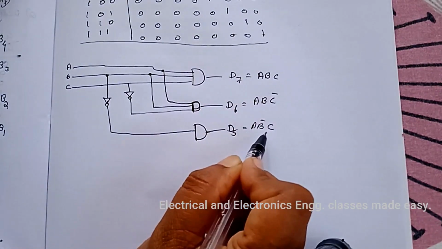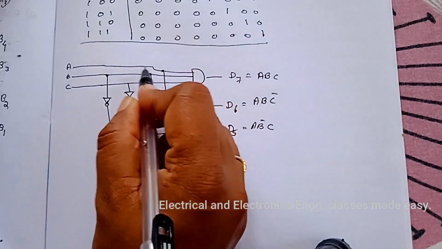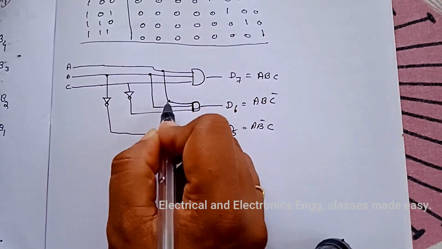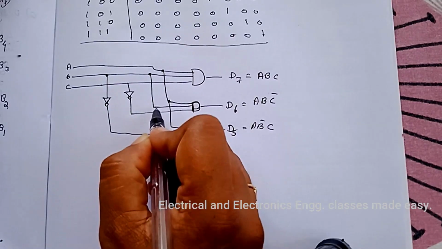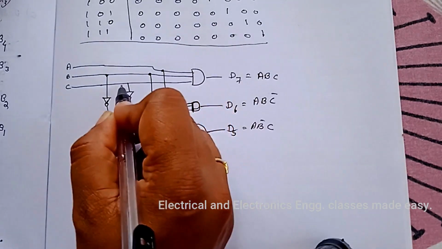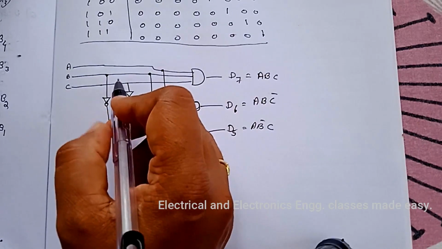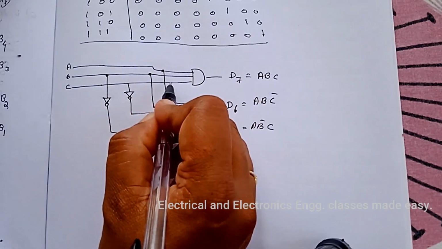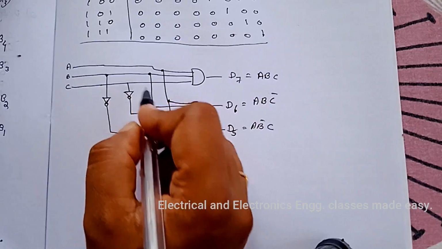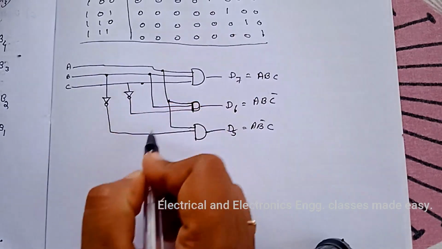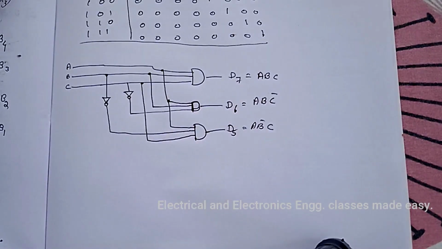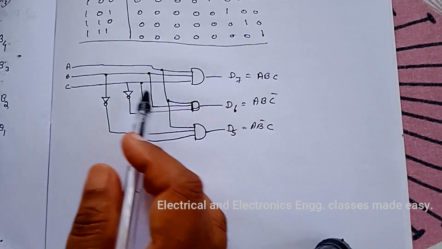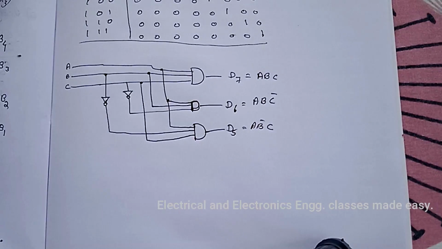Next is A and C. So this is A, we can draw like this, A, then C. C we can draw from here, or here we can draw C. So like that, draw all the output combinations.